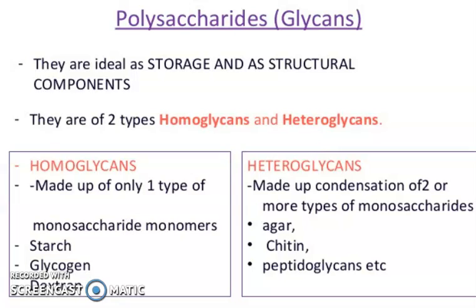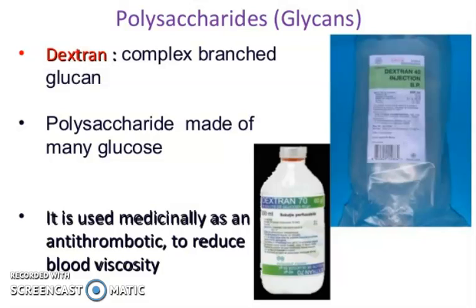Homoglycans are made up of only one type of monosaccharide monomer: starch, glycogen, dextrin. Heteroglycans are made up of condensation of 2 or more types of monosaccharides: agar, chitin, and peptidoglycans.